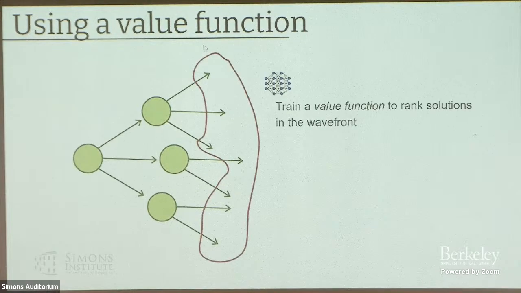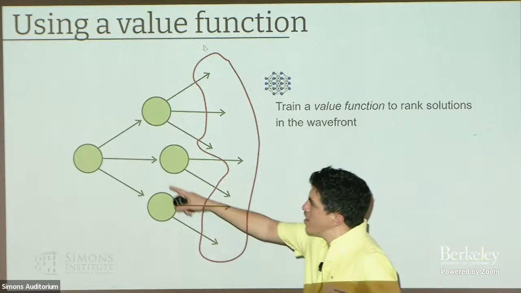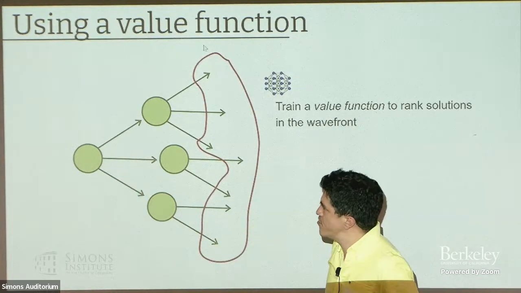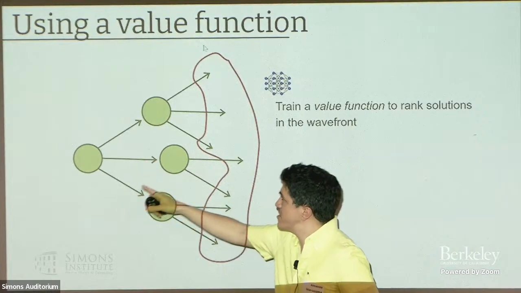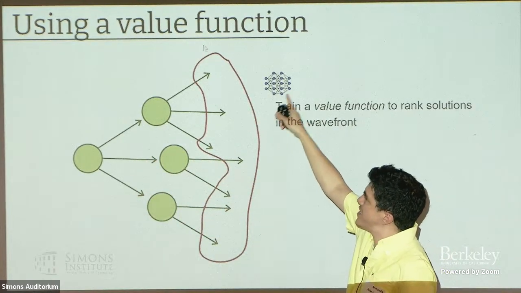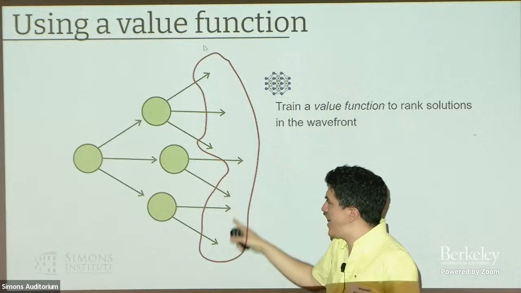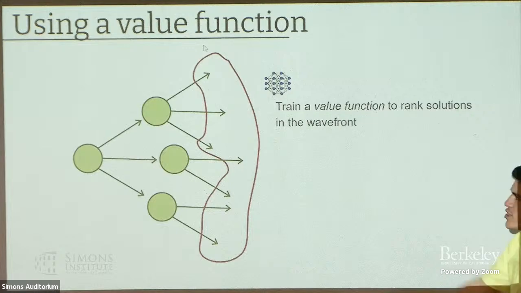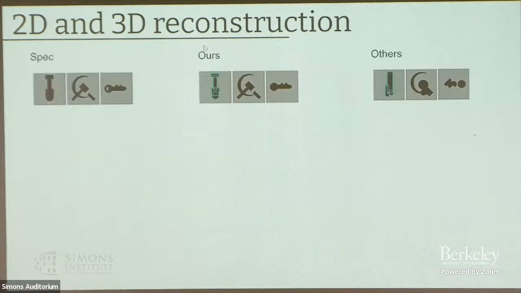One of the things that is quite valuable about using reinforcement learning to train this is that in addition to just the policy that at every step tells you with what probability you should choose different actions, you can also get a value function that can look at a wavefront of possible options and tell you which one of those is most likely to be completable to a correct program, right? And that can be extremely helpful.